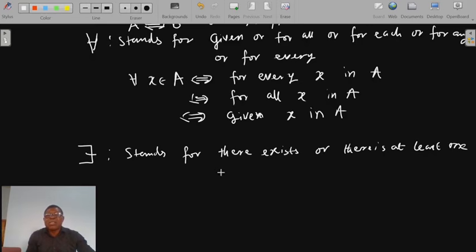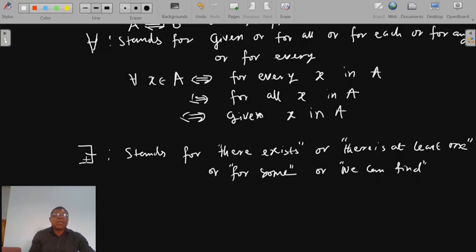It also means for some. It also means we can find. So these are the different clauses we can use that are equivalent to the symbol I put down, which is a kind of mirror image of capital E.